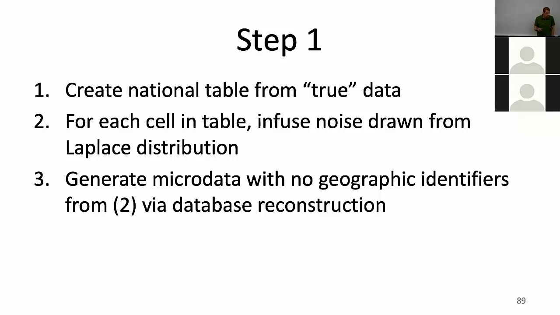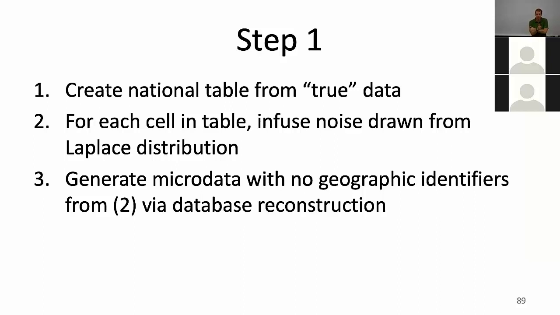Once that's done, they will generate synthetic microdata with no geographic identifiers. So they've infused the noise into these national level true counts, and they create individual person records out of that particular data set. And it's probably a lot more complicated than that, but at the most fundamental level, that's what they'll do. So that's step one.